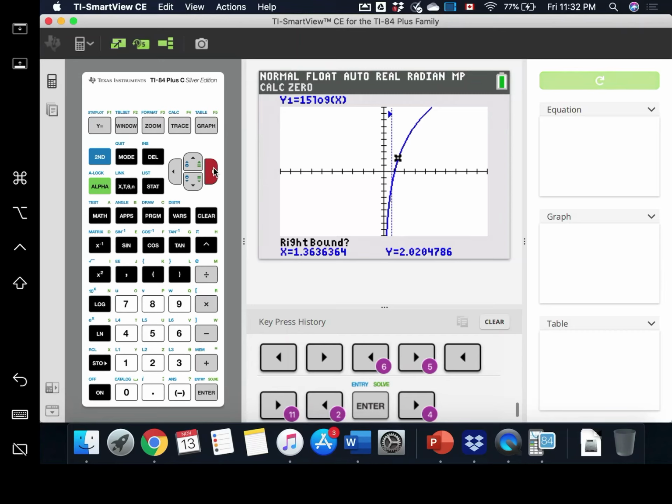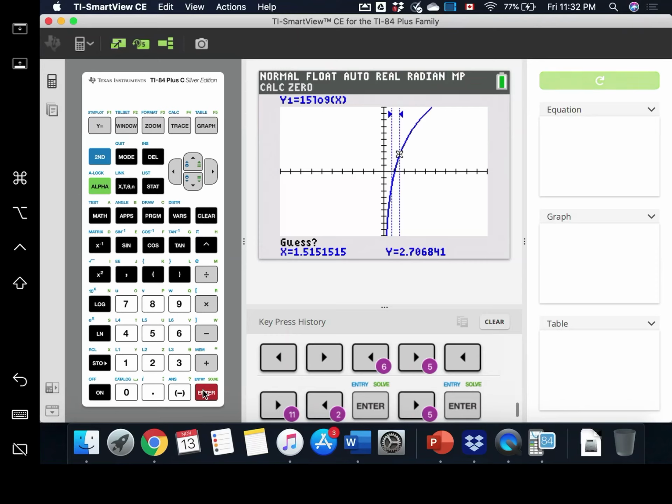Now you're going to move your right cursor above the x-axis, and then press enter. What should happen is your left bound and right bound should surround your x-intercept. That's how you know you did it properly.